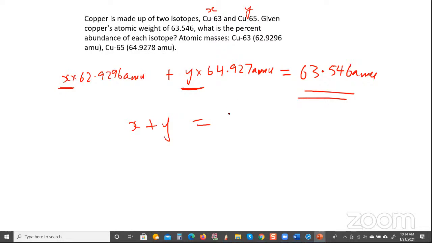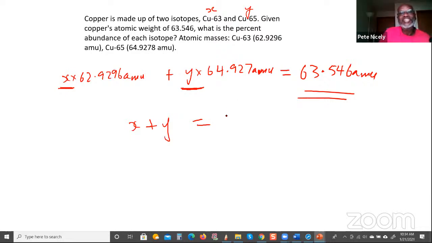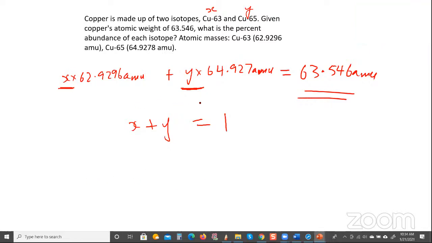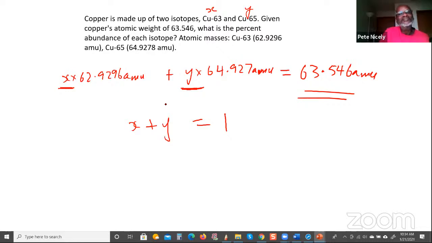Exactly. So X plus Y is equal to 100% or 1. So we have two equations now, and each equation has X and Y as the unknowns. So what's the next step? How would you solve for X and Y?